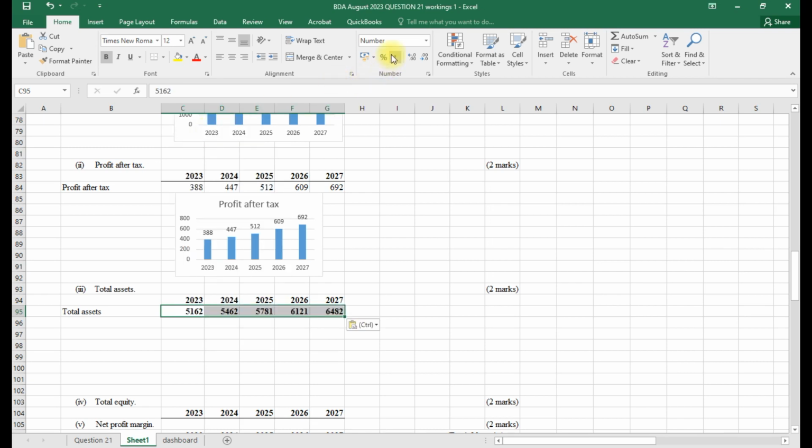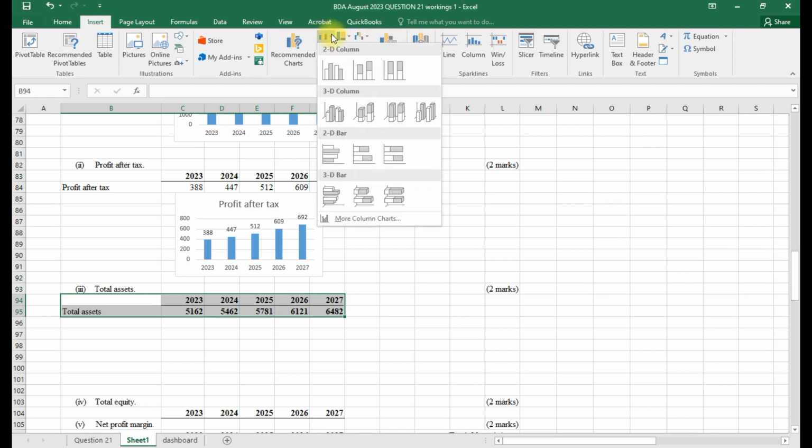Already it is in number, I just need it to be 0 decimal. So highlight that and just save that first.